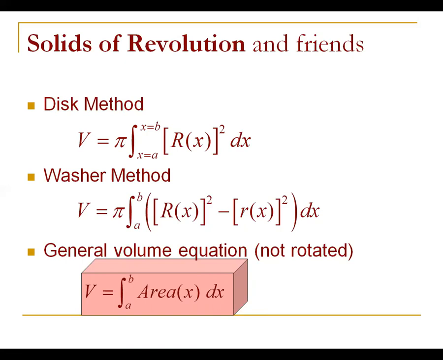I saw a problem once that they gave students, and they told students what the area formula was for the cross section, but didn't tell them what the shape of the cross section was. And that sometimes messes people up. Basically, you use the shape of the cross section to get the area formula.